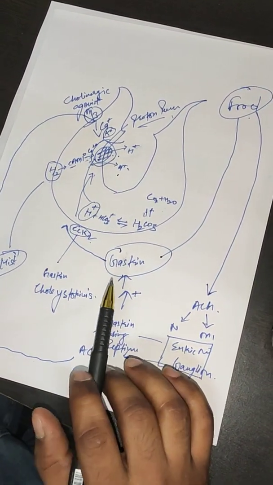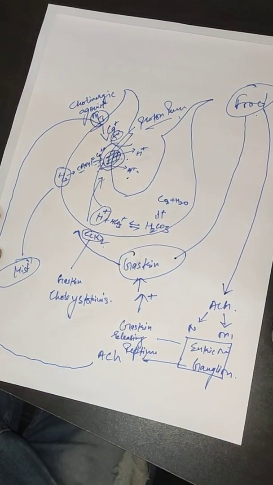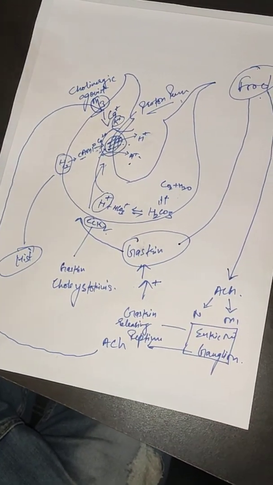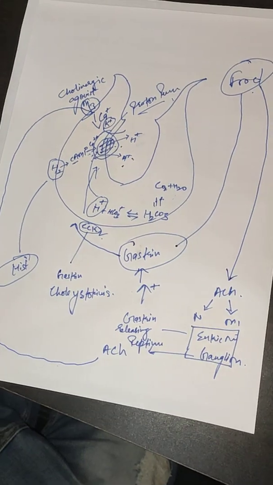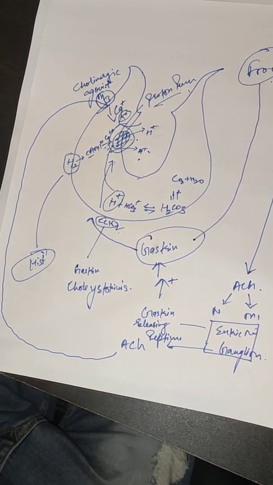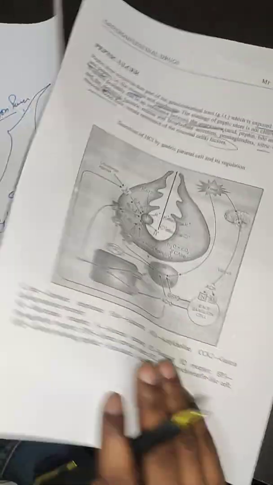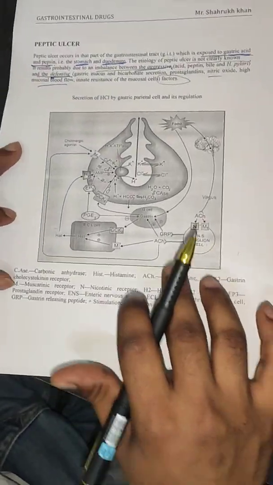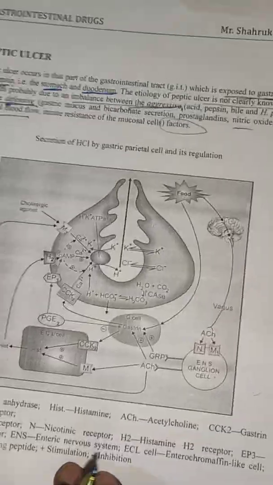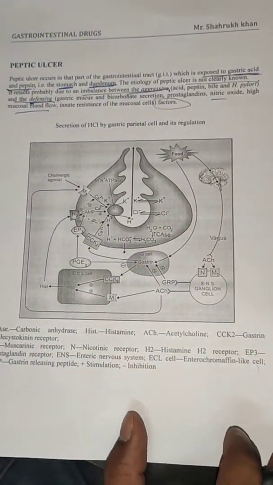Or we can inhibit the histaminic H2 receptor, and we may block the muscarinic agonist. So we will see how we can reduce HCl secretion. So this is the exact diagram. I will share these notes with you. These are brief notes made by me.